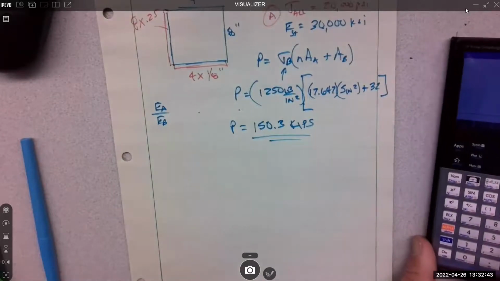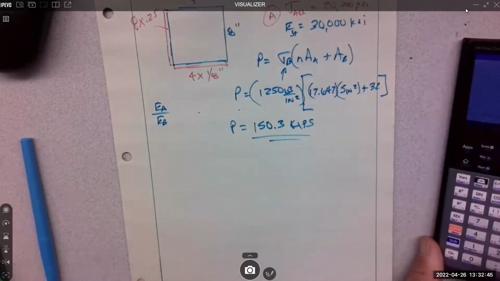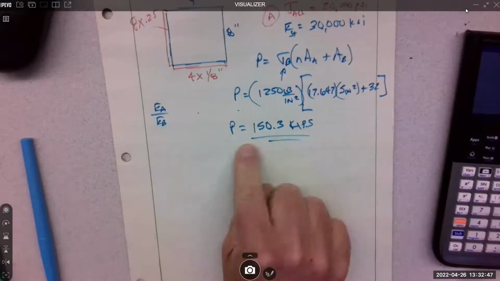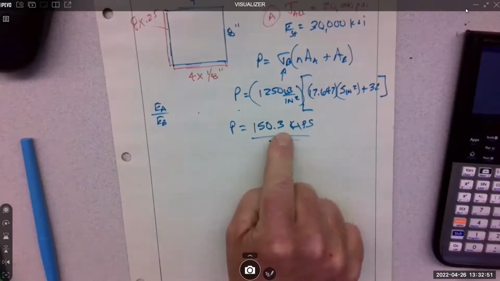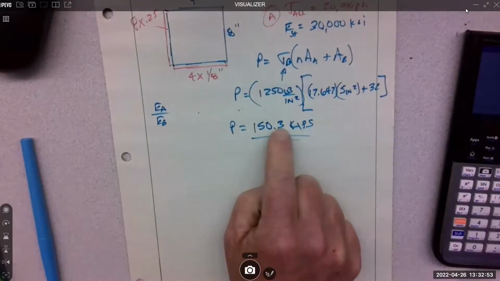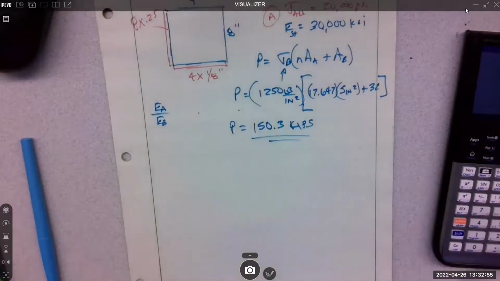That's what I got. Exactly. Because I wrote kips, right? So that's 150,000 pounds. I got 293 also, but I just rounded it to 3. All right, I'm going to read it one more time, see if I missed anything. We've got a wood post.